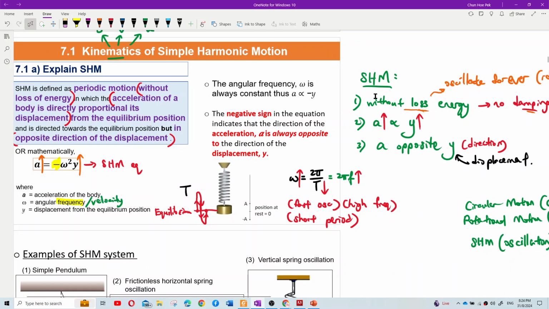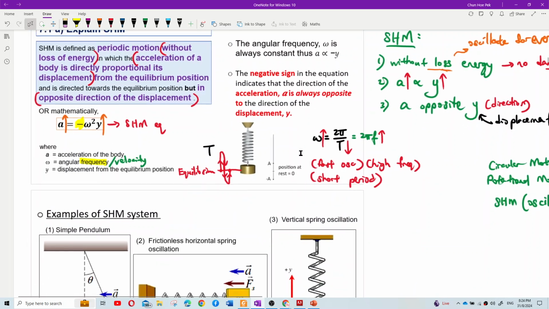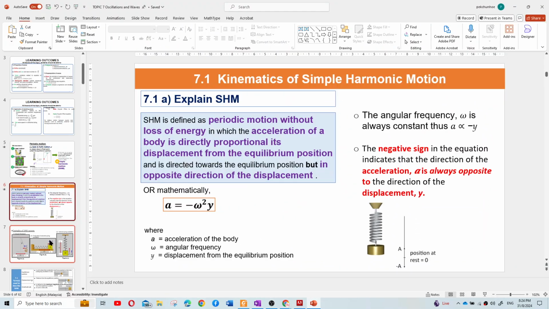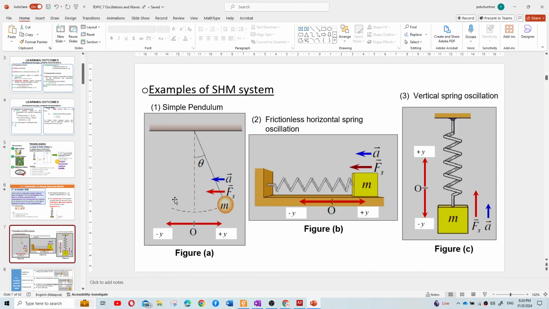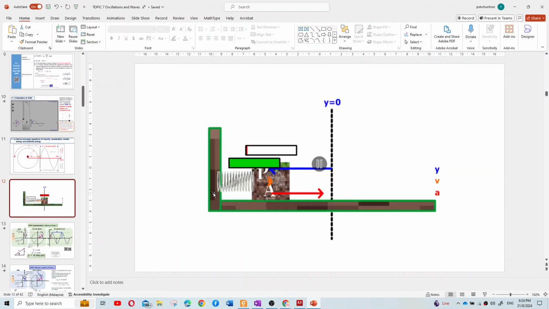Why just now I say acceleration is proportional to displacement and acceleration is opposite to displacement? Let me see. Maybe this one. You see?